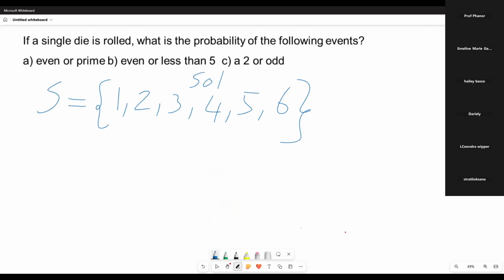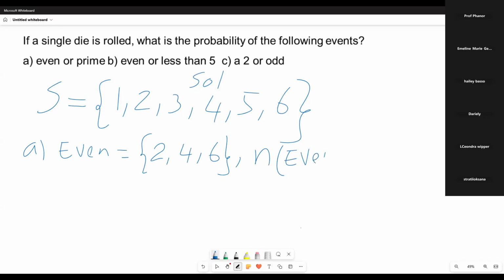You're talking about even. So even, let's look for even numbers. That's 2, 4, 6. So n of even equals 3. Got it?